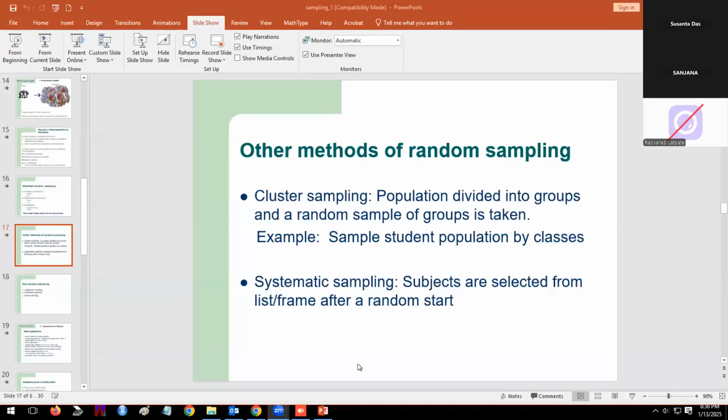You can start the slideshow from the current slide. Just move to a different slide. Now it is visible, sir. Can you move to slide 18? Is it visible now? No, it is not visible, sir.